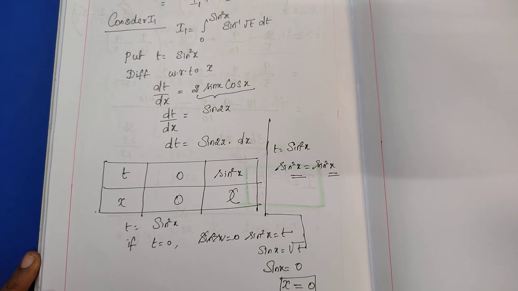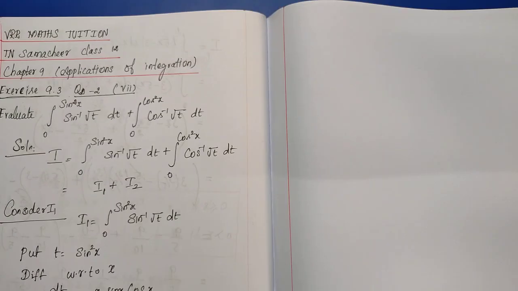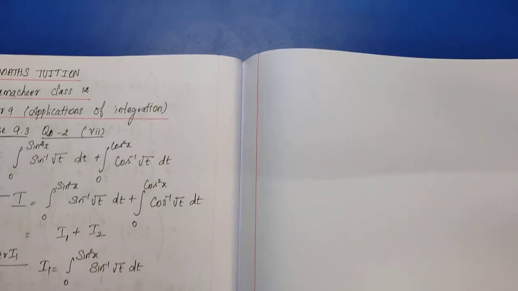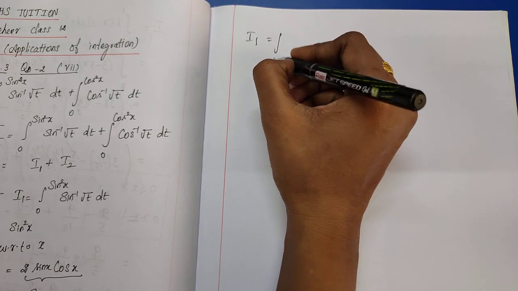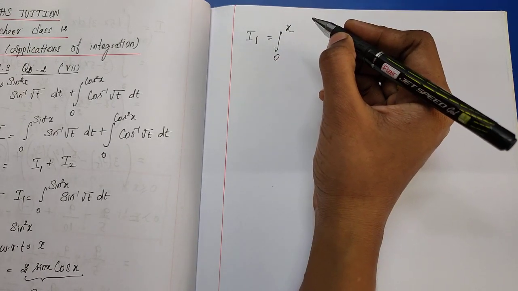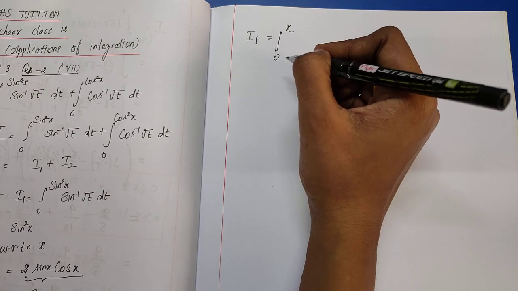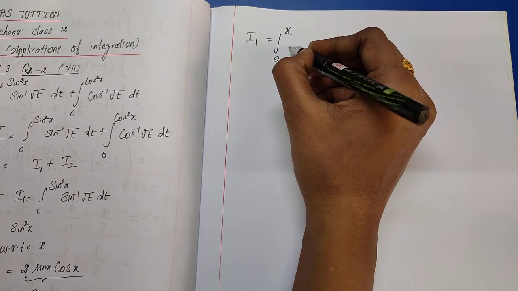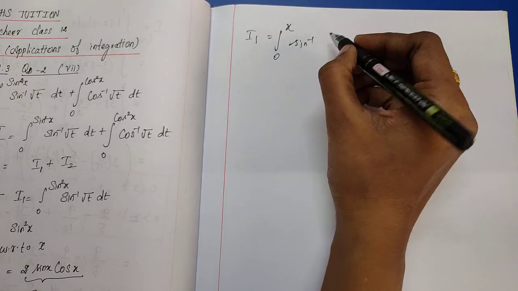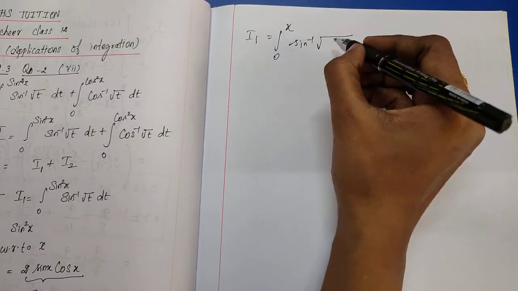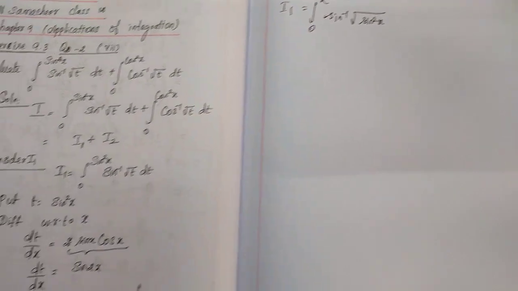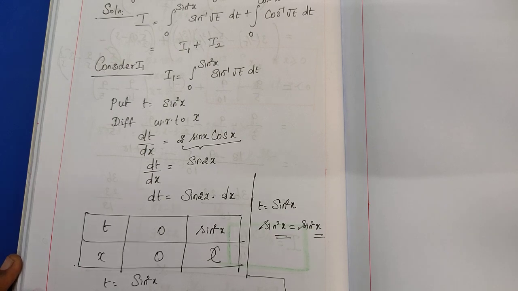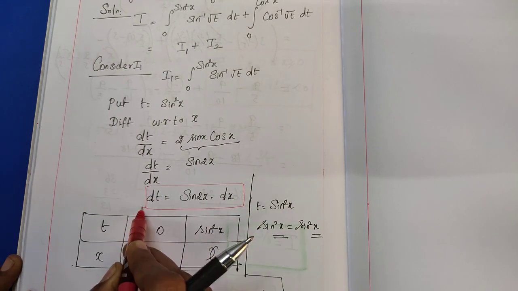Therefore our I1 is equal to integral 0 to x of sin inverse root of t, where t is sin square x, and dt. Our dt is equal to sin 2x dx.